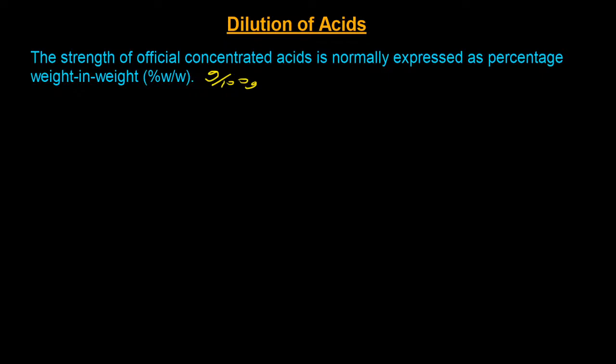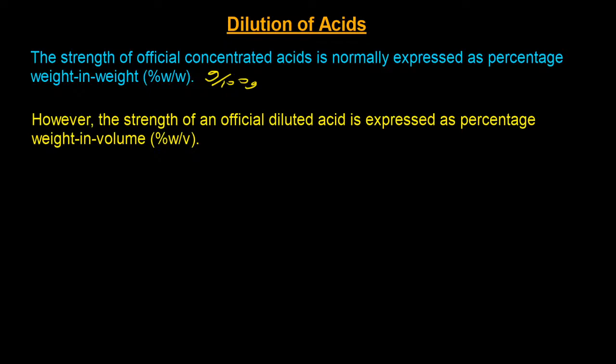Now the issue arises that normally we tend to use a more diluted form of the acid. In this instance, the strength of an official diluted acid is expressed as percentage weight in volume. So here you're going to have some quantity in grams divided by 100 milliliters. You notice that the units are not consistent, and that is one of the things that makes some of these calculations a little bit more complex.